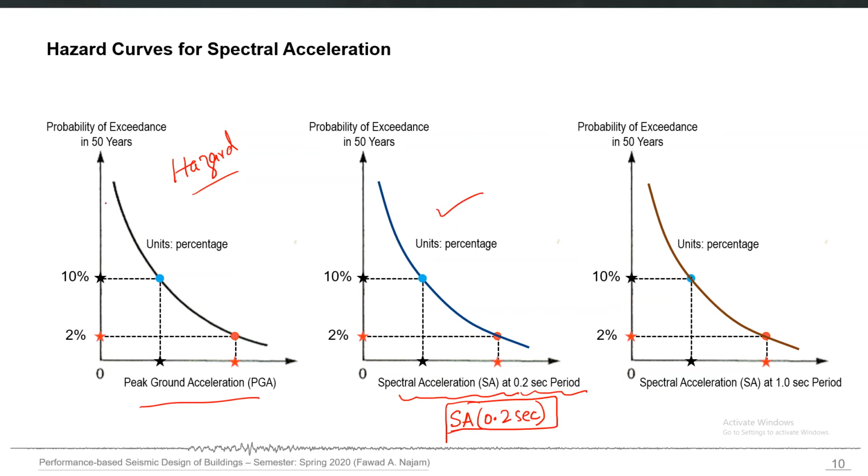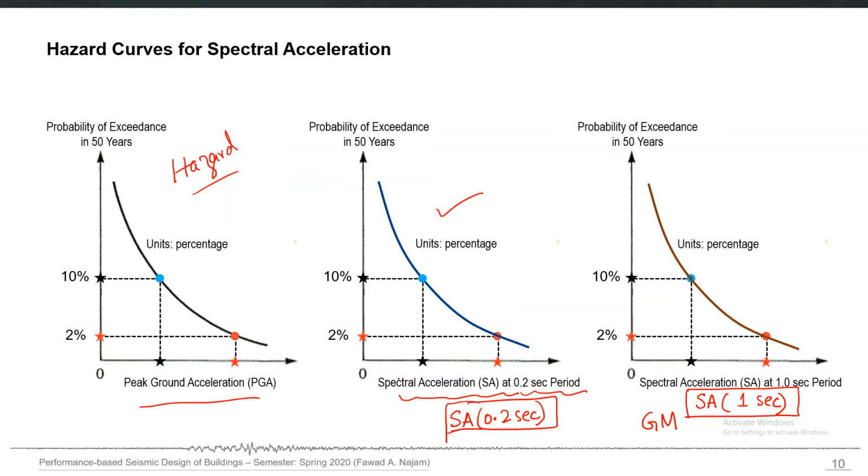Obviously, it will be different from the PGA hazard curve. Similarly, we can repeat the process for spectral acceleration at any other time period, 1 second for example, and considering this as our ground motion parameter, we can come up with the hazard curve for our site.